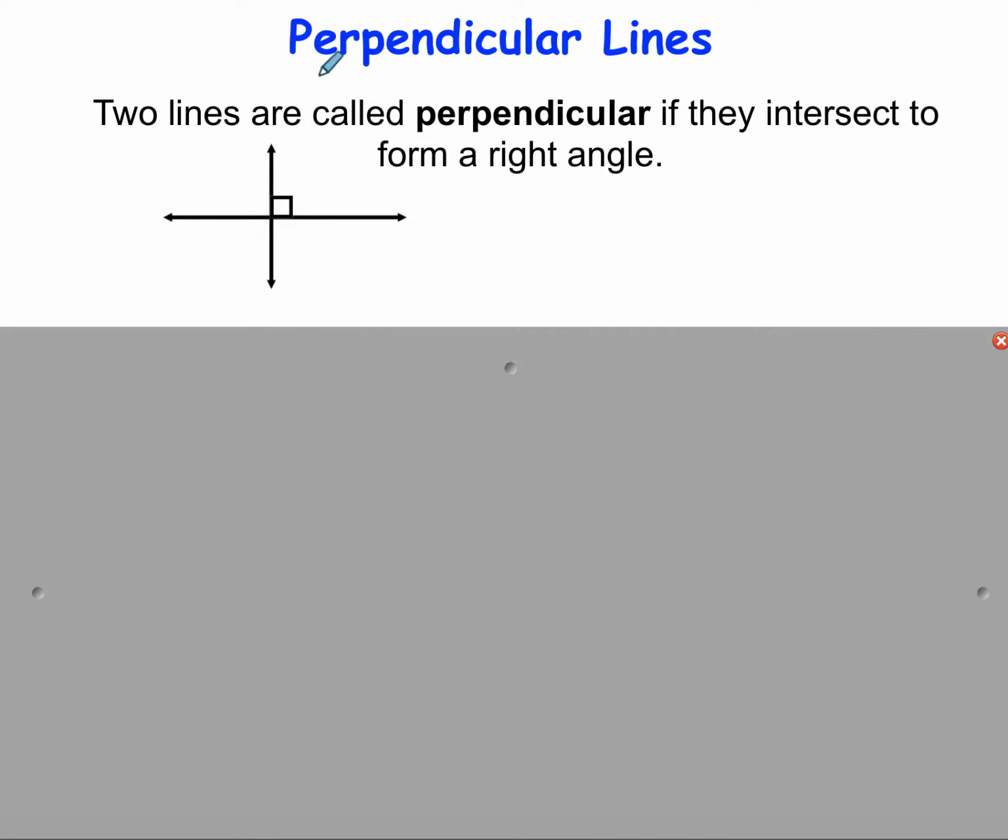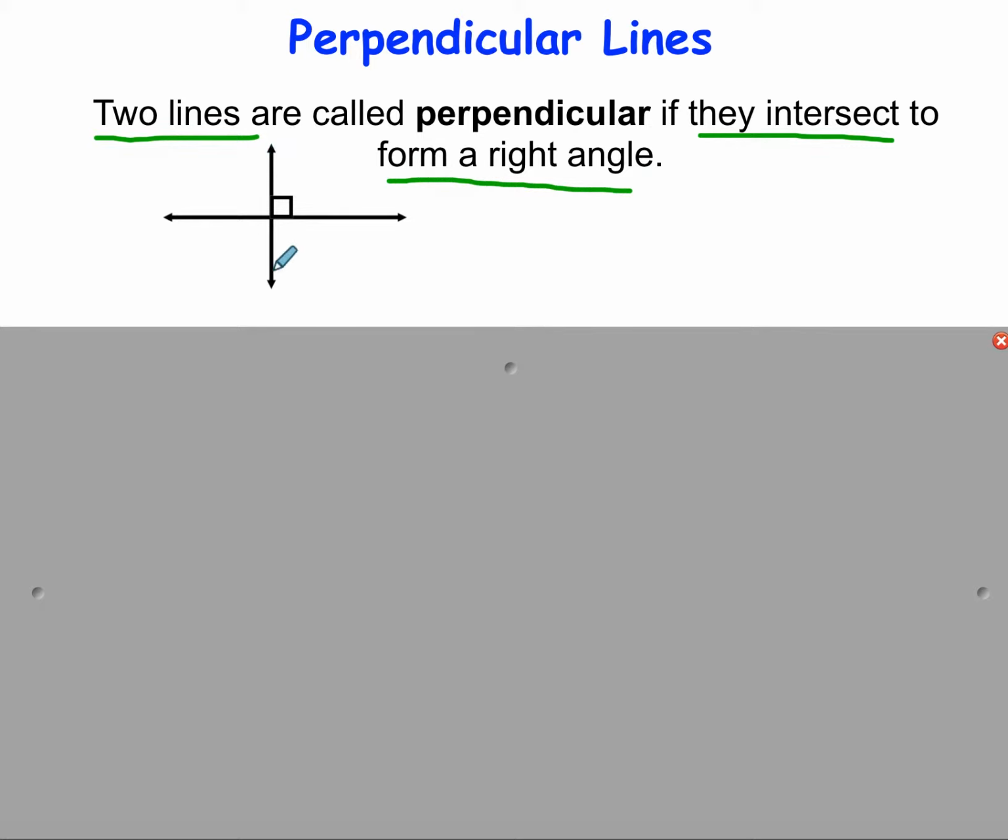That's perpendicular lines. You've probably heard about perpendicular lines before. It's probably not a new idea, but we're going to explicitly define it, and here's how we're going to define it. Two lines are called perpendicular if they intersect to form a right angle. Just in the definition, we have a couple qualifications. One is that there are two lines, they're intersecting, and their intersection forms a right angle.